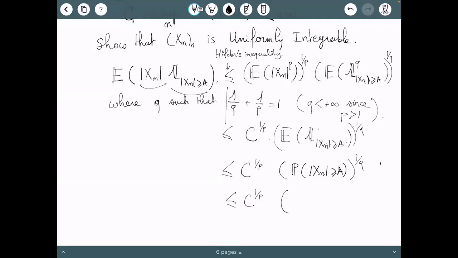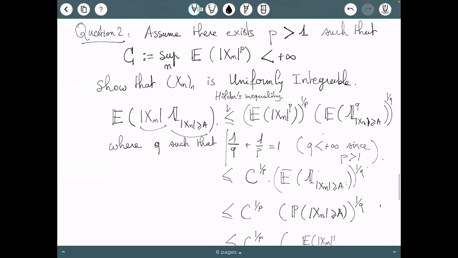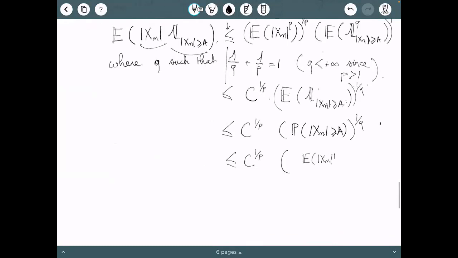Here also you can bound it by the expectation of xn power p divided by a power p, everything power 1 over q.